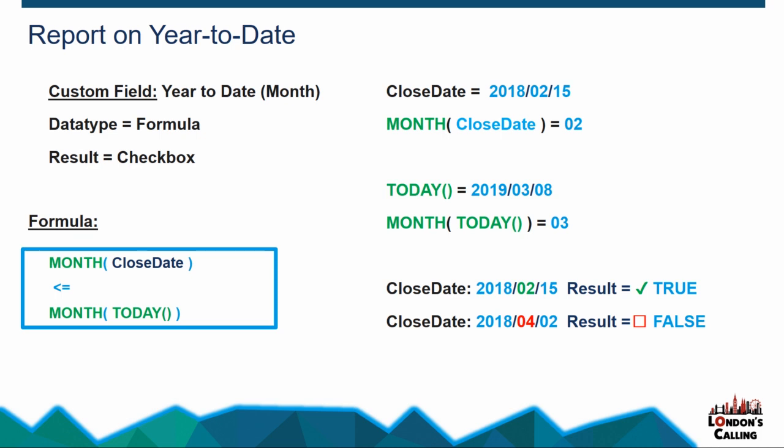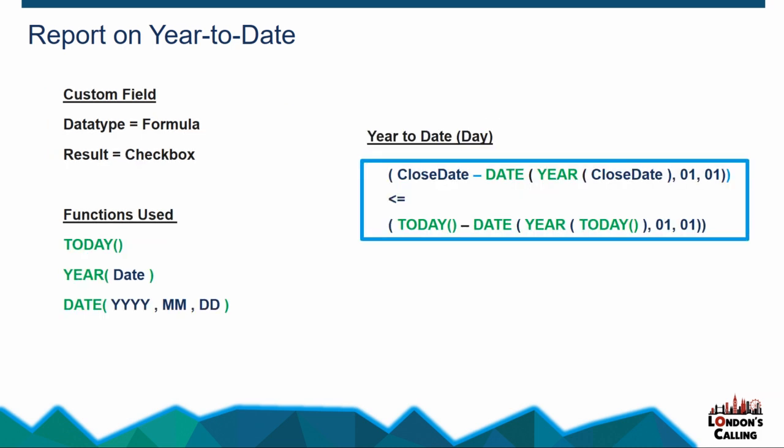But some people, they wanted to be more precise. They wanted to have only the revenue for up to that day of the year. So for that, I had to write a slightly more complex formula. I had to count the number of days between the opportunity close date and January 1st of the year that the opportunity closed.